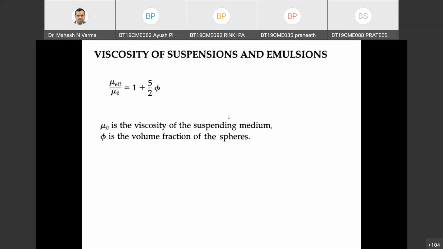So just if you know the viscosity of suspending medium, say if you have this thing, what can be there actually? So water and say, can you give me any one example of suspension and emulsion? Any one example from class?